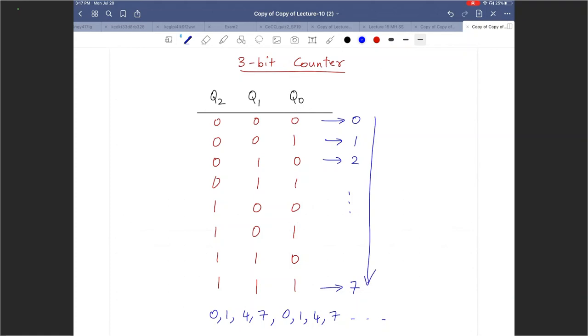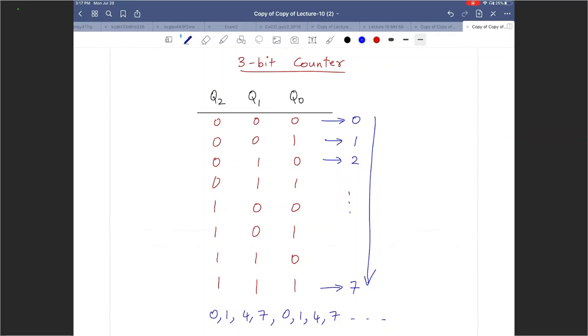However, if you're designing a counter from scratch, you would want it to have as many of those 8 possibilities as possible. If the counter is 3-bit, there are a total of 8 possibilities for the output, and you would want all of them in the counter output.